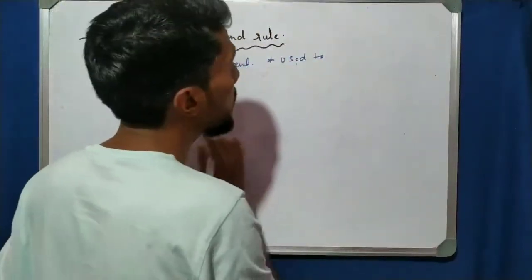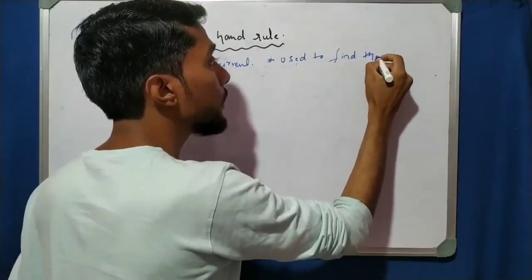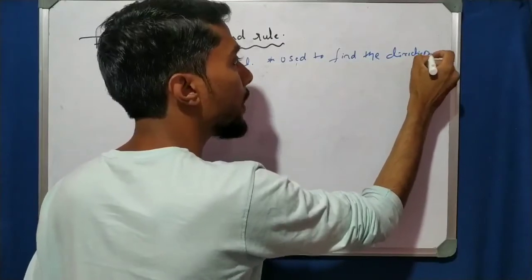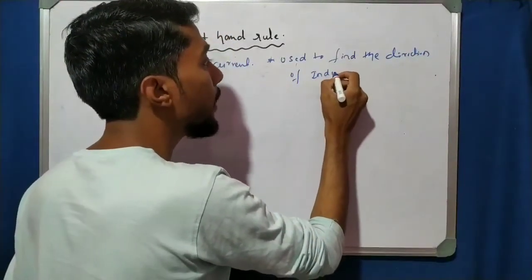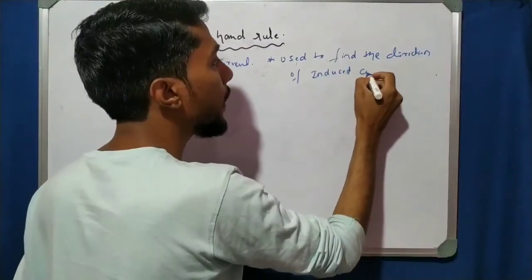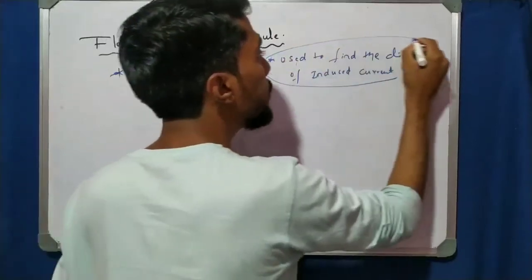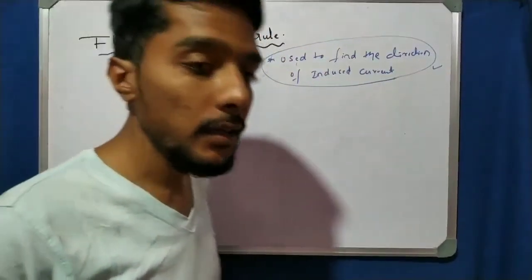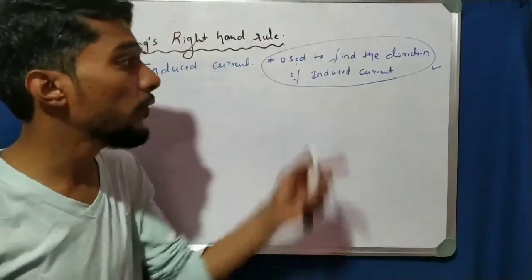So this is used to find the direction of induced current. Remember this very important point: Fleming's right hand rule is used to find the direction of induced current.